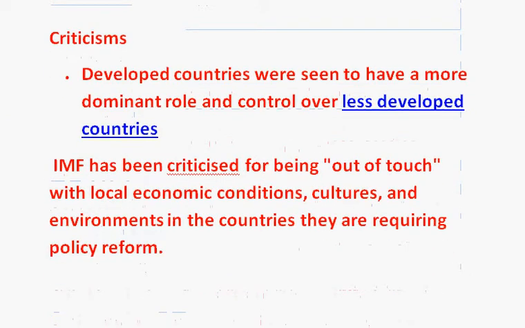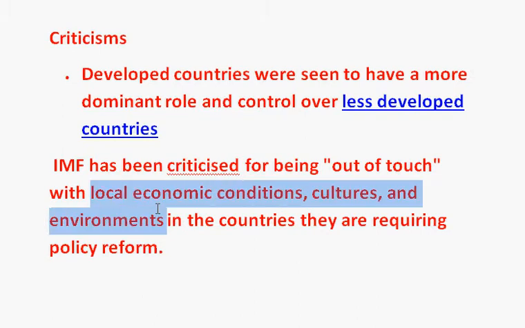What is the criticism? As we have seen, the developed countries have more role. And the second thing is that it is out of touch with the local economic conditions, cultures, and environment of the countries. It says that every country should make certain changes, but it is not aware that different countries have different conditions, cultures, and environments.